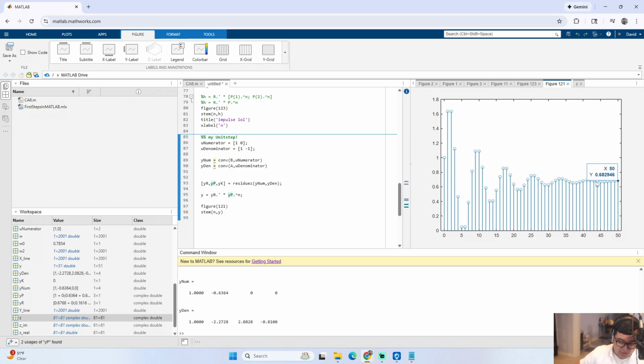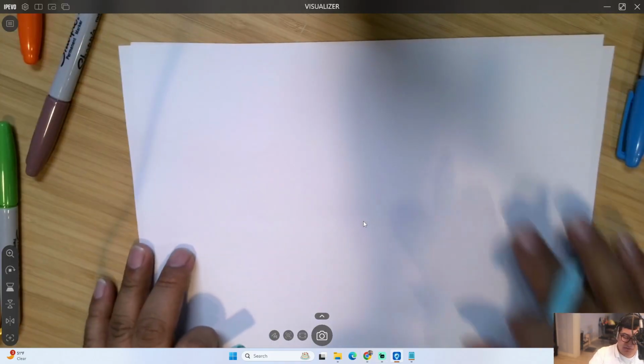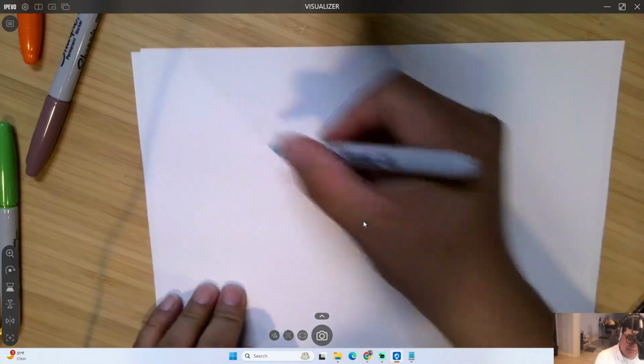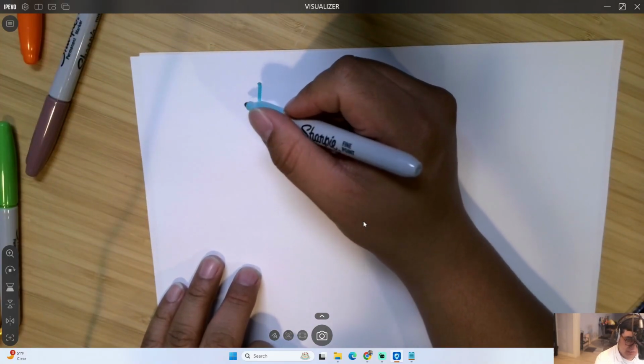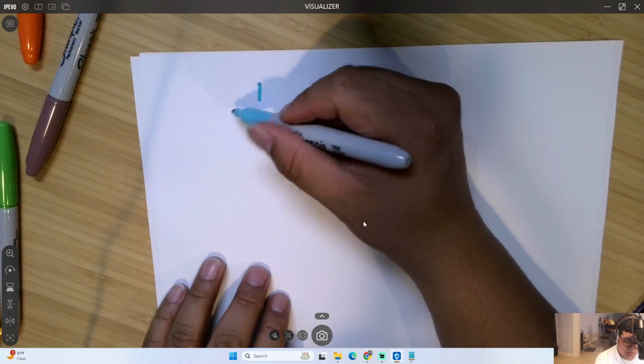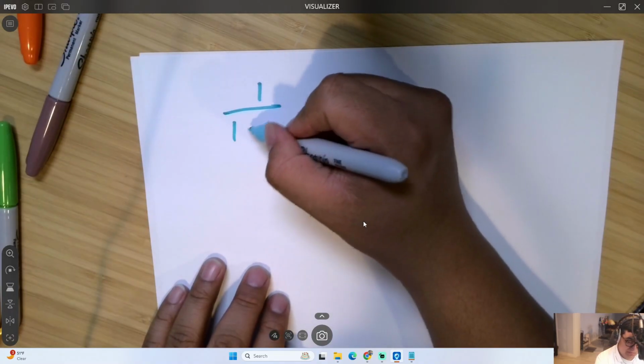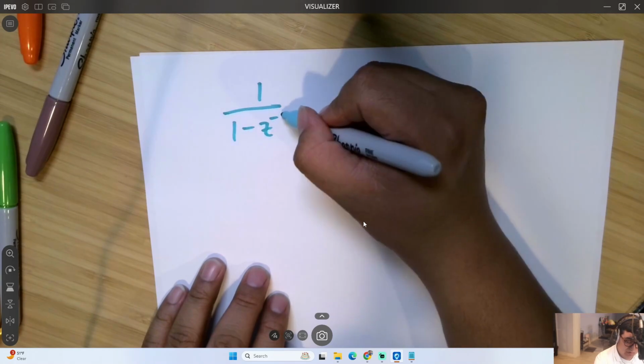So here's the other part you guys need to know, and this is also going to be on your exam: the final value theorem. Let's just say you wanted to know the final value of 1 over 1 minus z to the minus 1.